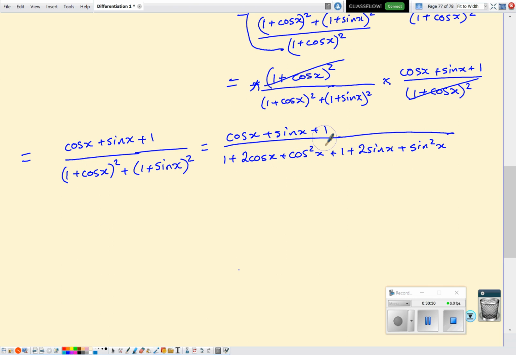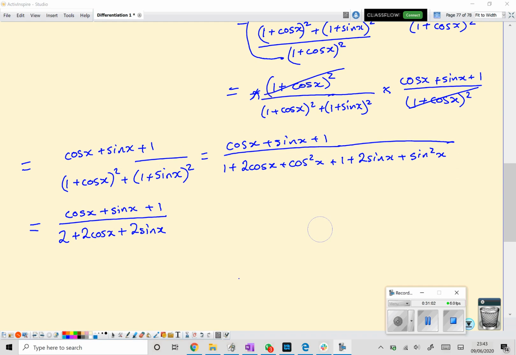Right, the cos squared and the sine squared are going to become 1. And let's tidy up what we get from there. So we're going to get the numerator cos of x plus sine of x plus 1 over 1 and 1 makes 2 plus 2 cos x plus 2 sin x plus 1 for the sine squared plus cos squared.